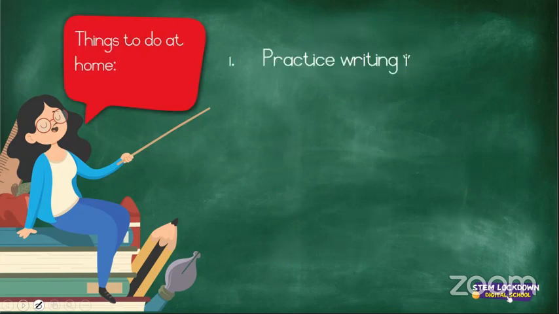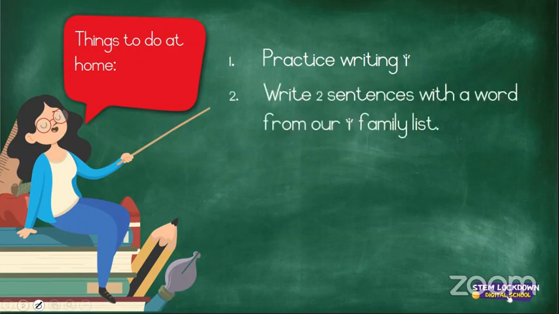You're going to practice writing E. Okay? Practice writing the letter E. Remember, don't color in the dot. It's just the dot. You're also going to write 2 sentences with a word from our E family list. Okay, so like Offense said, choose bib.